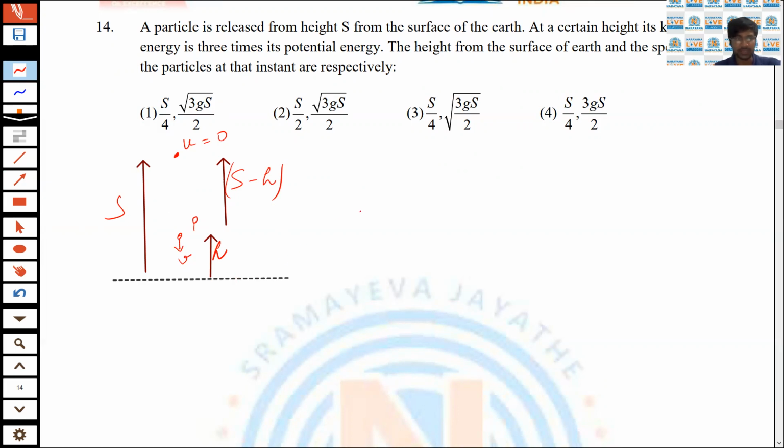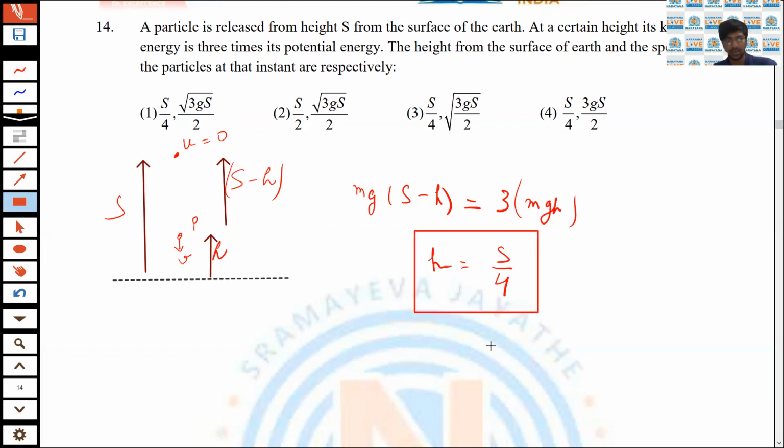So what we can write is that mg(s minus h) is the kinetic energy. This is the decrease in the GPE, which means increase in the kinetic energy, and that is equal to 3 times the potential energy, which means mgh. Now solving this, we will get the value of h as s by 4.